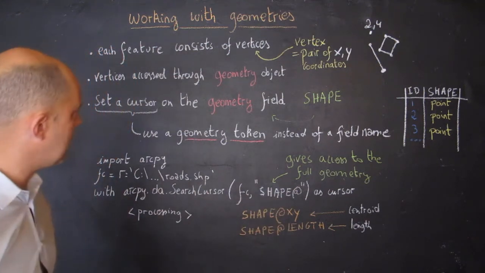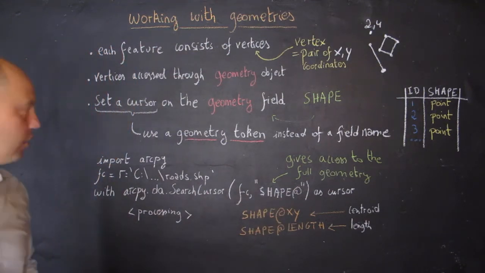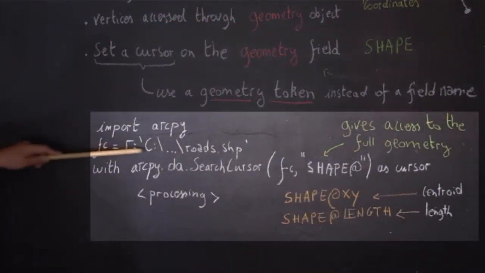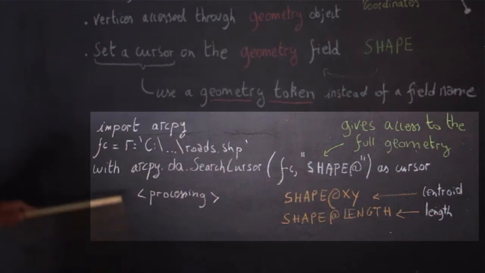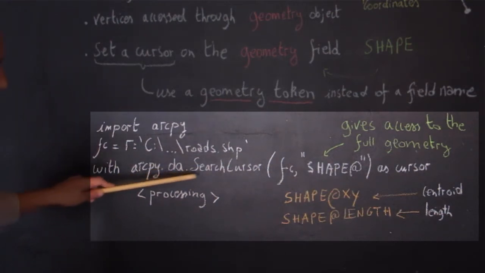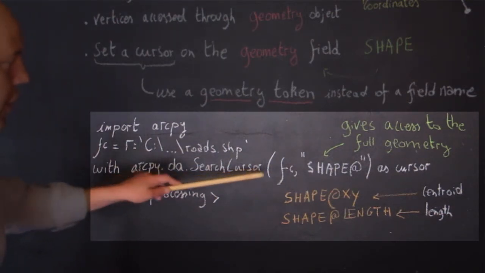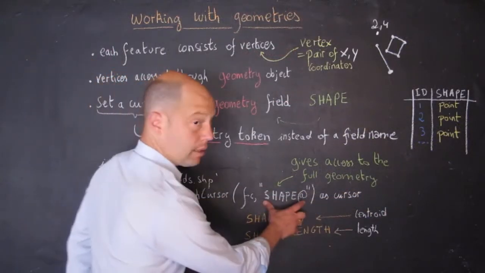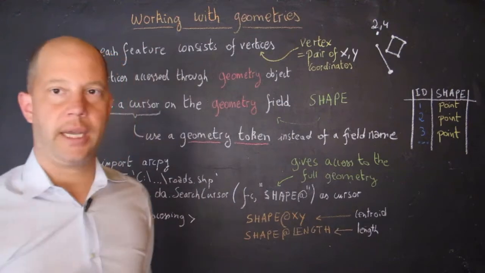So here is an example of how this would work. You have import ArcPy. You have a feature class. So for instance, let's say we are talking about roads, and then you have a with statement with ArcPy.da, data access search cursor, the feature class, and then shape add as a cursor. Now, when you have shape add, it gives you access to the entire geometry.